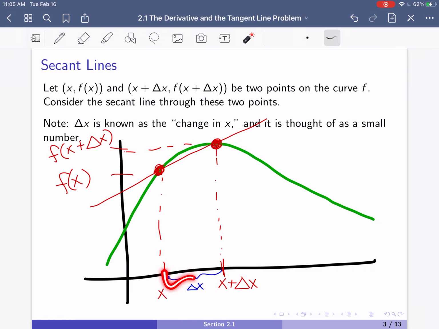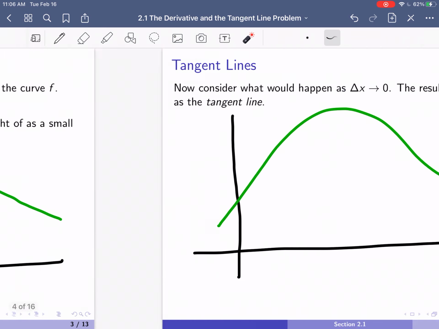It is delta x units away, and that value is heading towards 0. The 2 x values are heading towards 0, and so the points are also getting closer and closer to each other. And so instead of having the slope between 2 points, we ultimately end up with the slope at a single point as that value of delta x goes to 0.